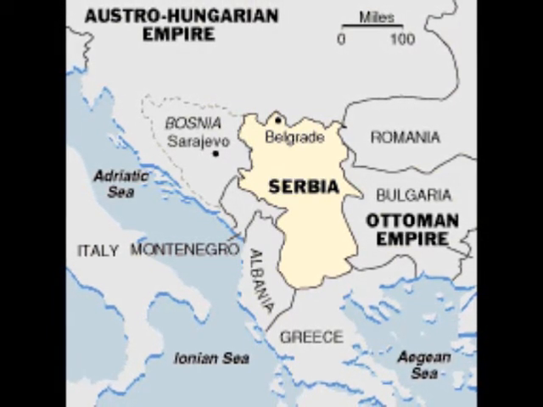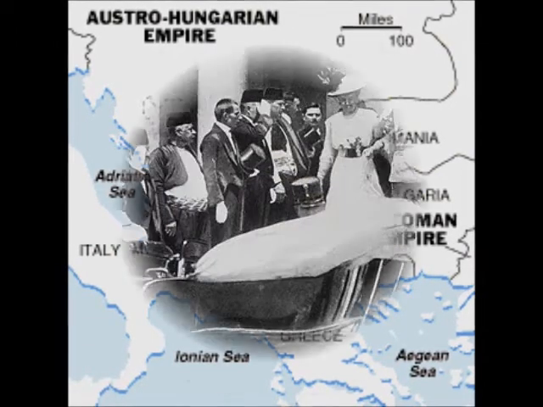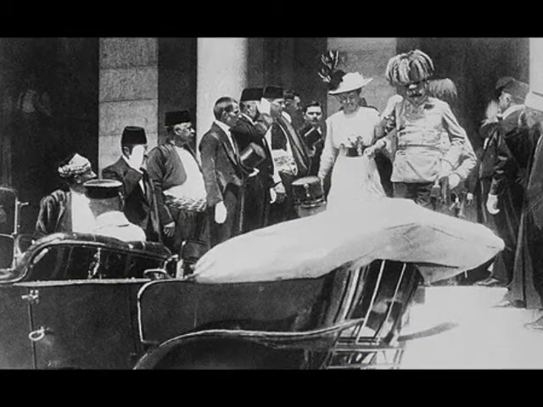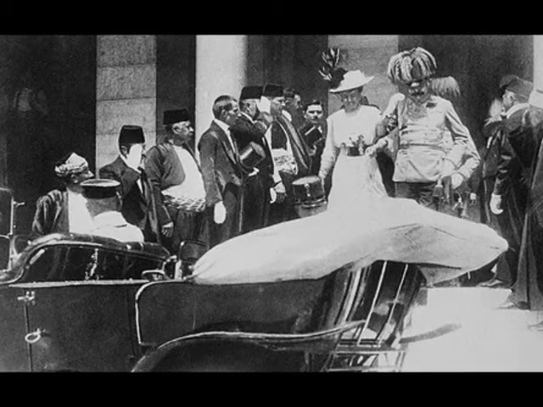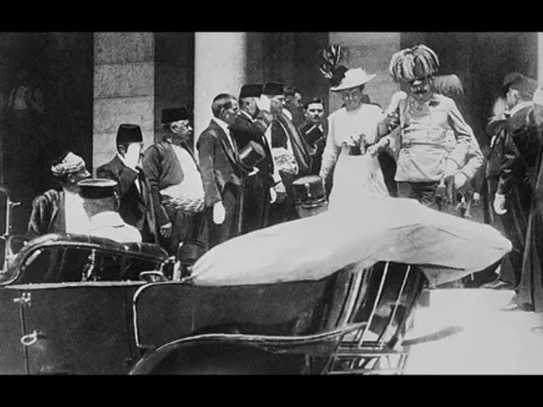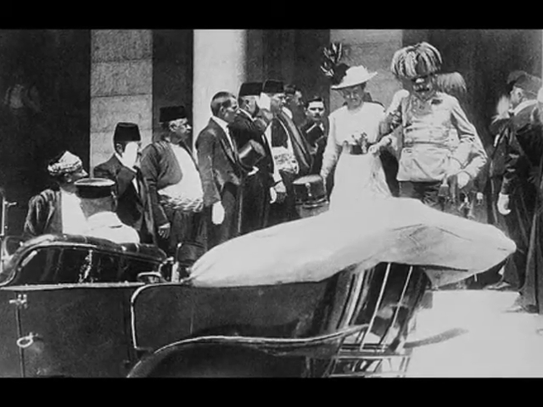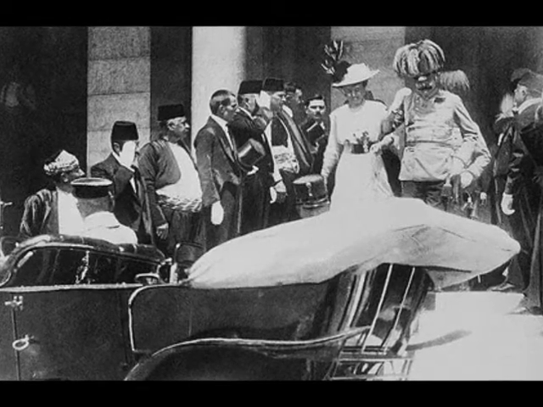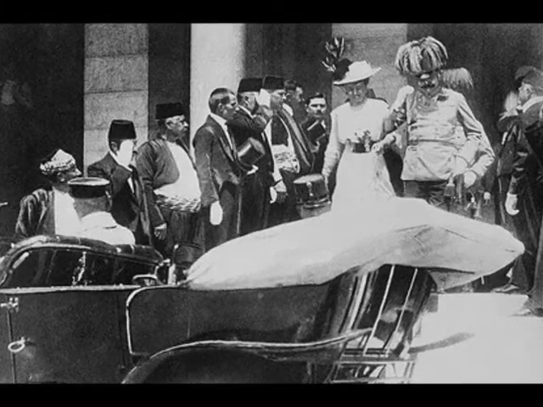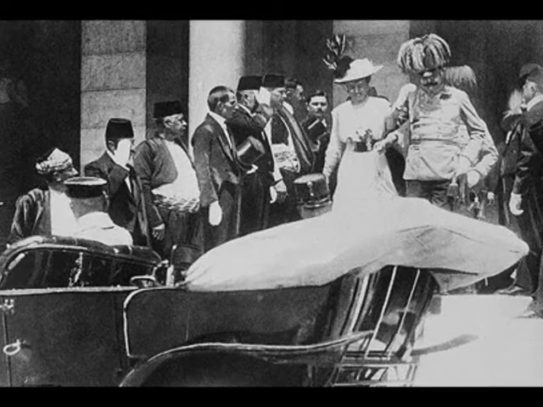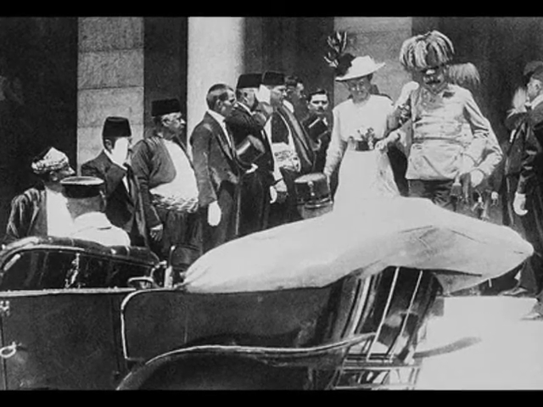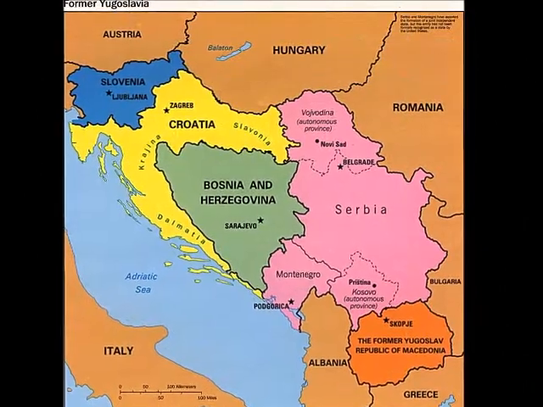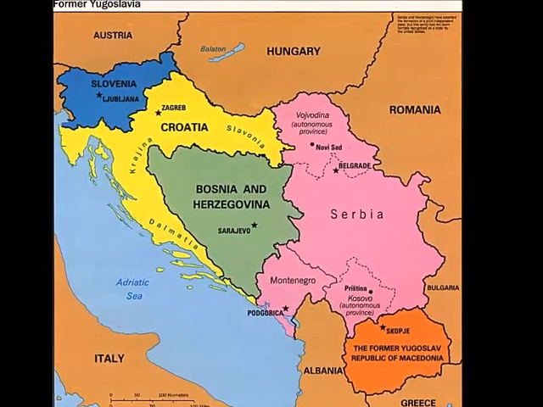And the heir to the throne, which is Archduke Franz Ferdinand, decides he's going to take a road trip to Sarajevo. Now, Sarajevo was in the middle of Austria-Hungary, but it's also in the middle of Serbia. So he decides he's going to take this road trip to Sarajevo. And he takes along his wife, Sofia, and they are going to travel to Sarajevo.